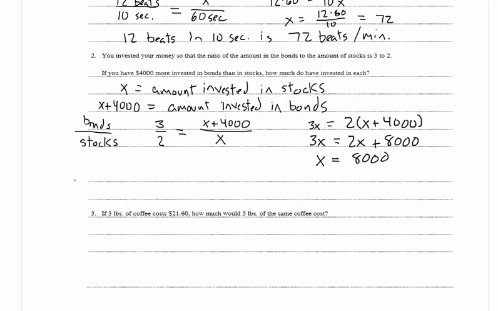So we have $8,000 invested in stocks, and 8,000 plus 4,000 is 12,000 invested in bonds.